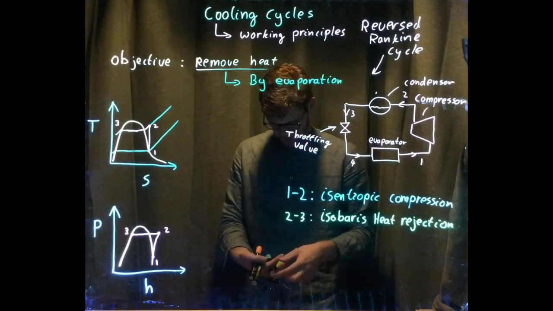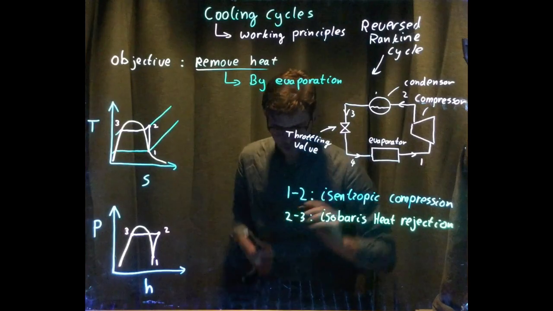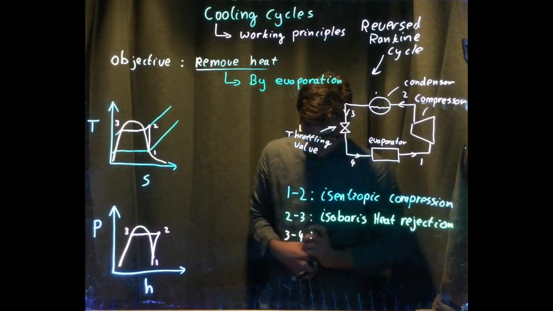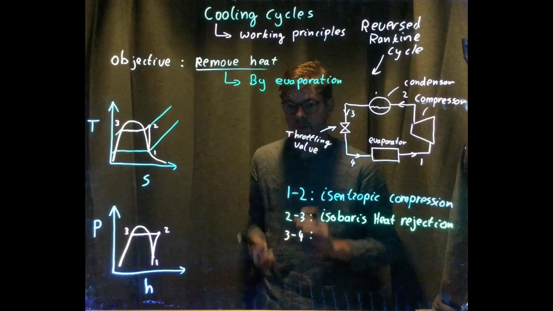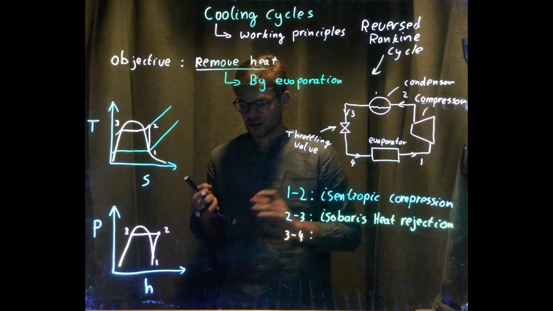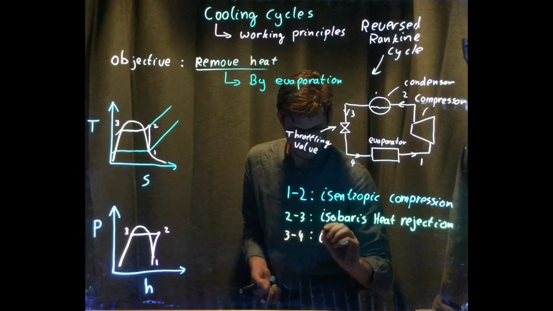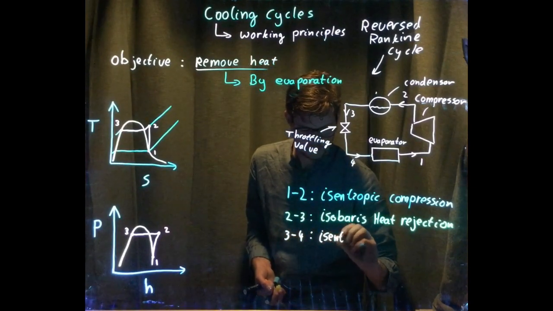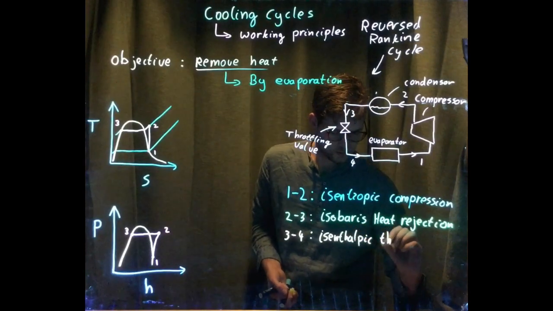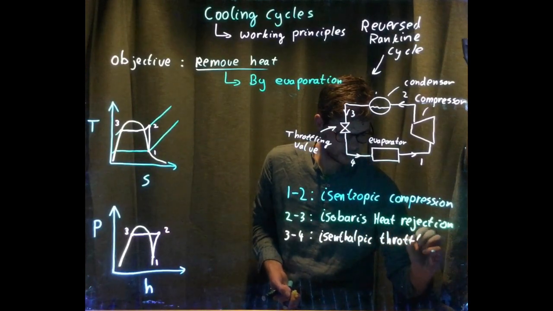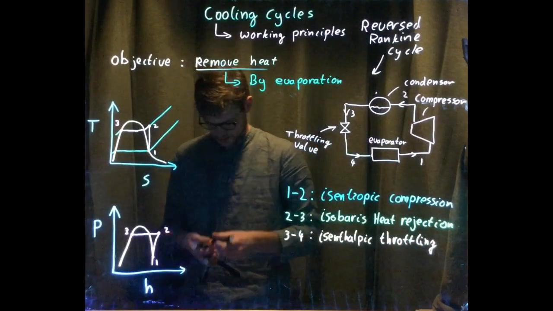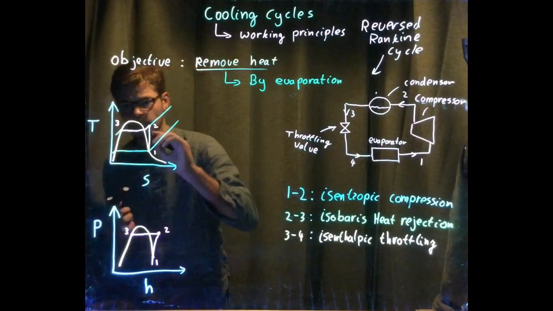From then I'm going to stage 4, so 3 till 4, and this is isentropic throttling. So I will reduce the pressure at a constant enthalpy. So throttling, and that happens like this.